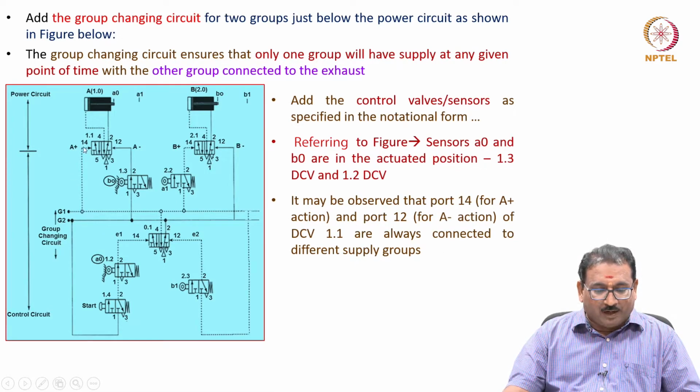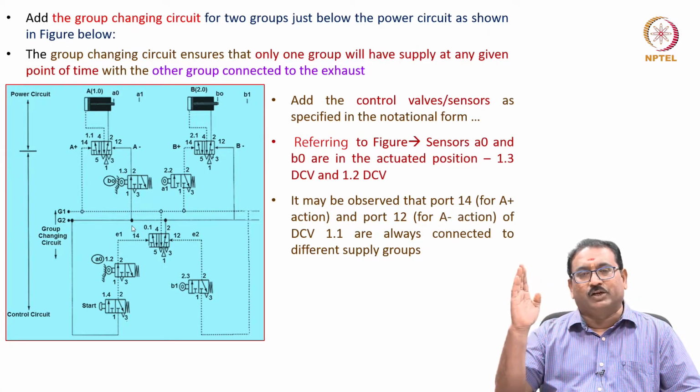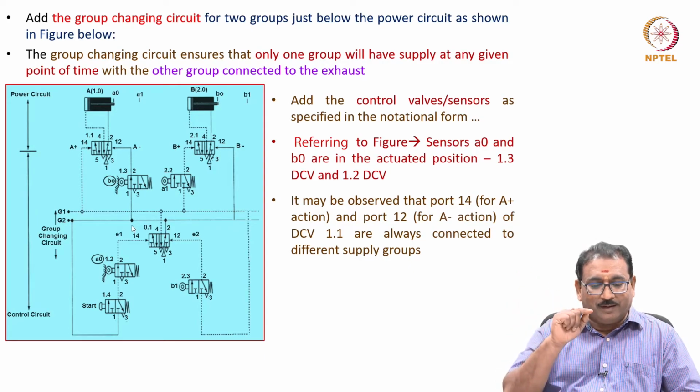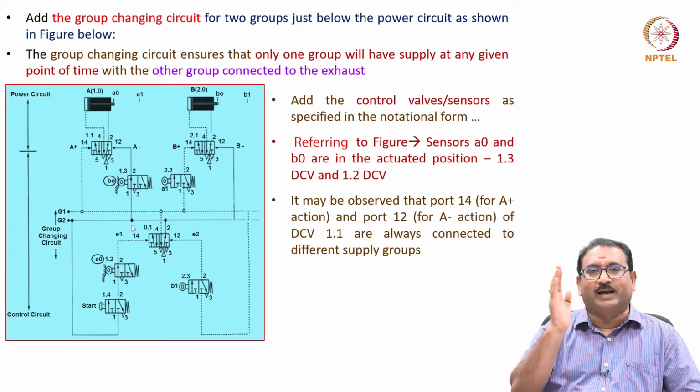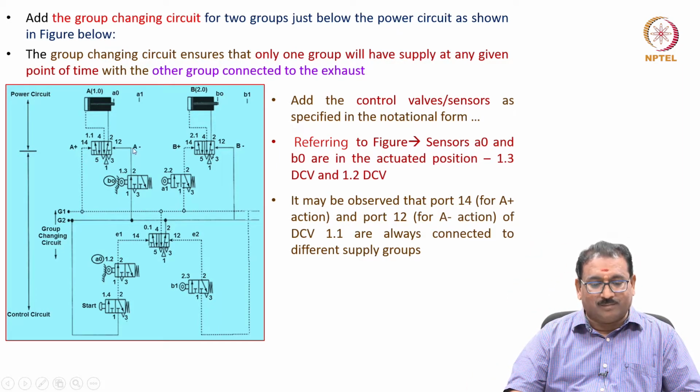Please remember how I will connect. One is in G1, the other is in G2. Remember, very important: the port 14 is for A plus action, then A minus should be the retracted position. How I grouped, the same way you will connect here.